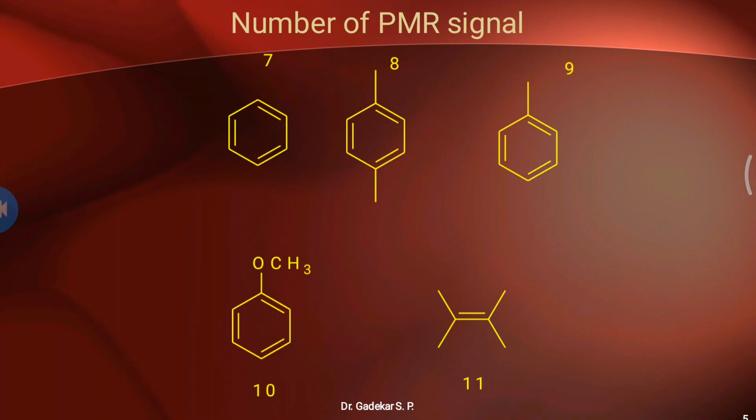These CH3 and benzene protons are not chemically equivalent, and it gives 2 types of signals. In the 11th example, the 4 methyl groups are chemically equivalent, and it gives only 1 signal.